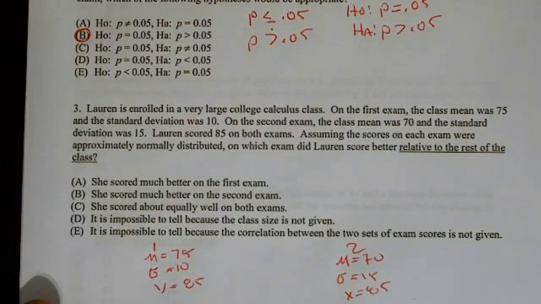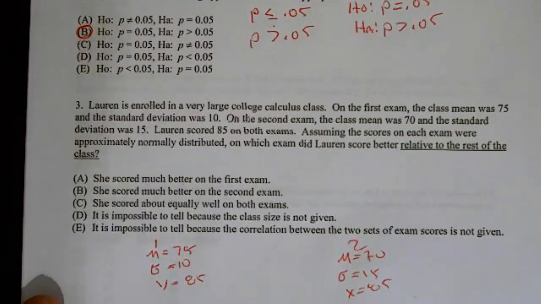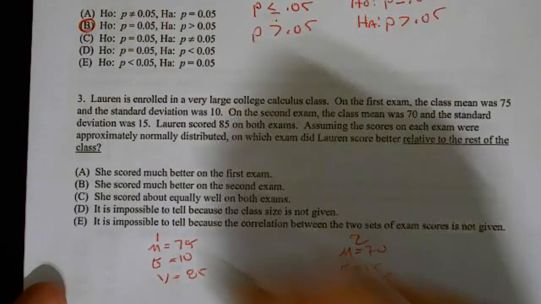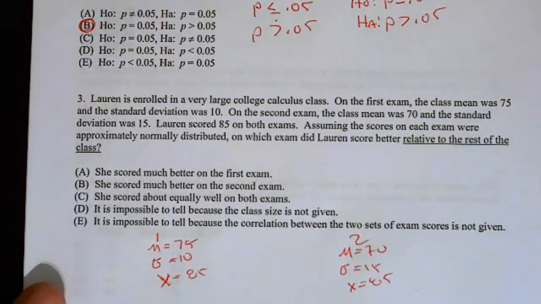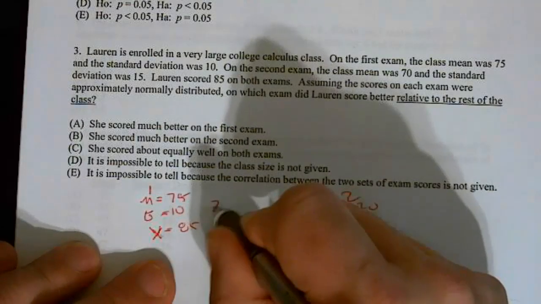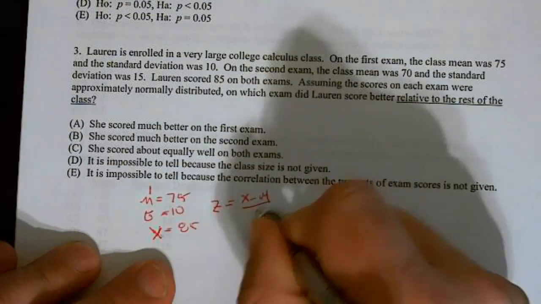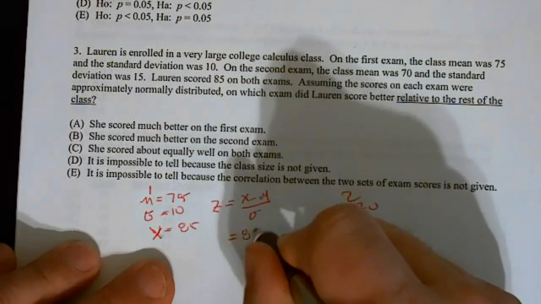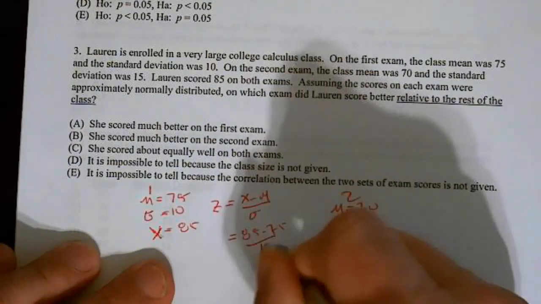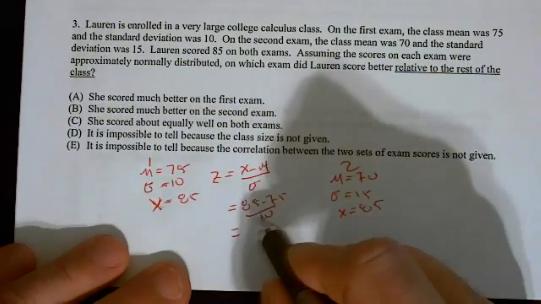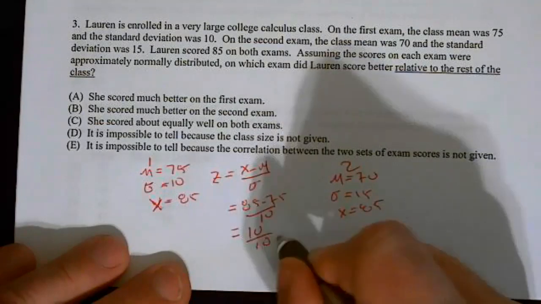Assuming the scores on each exam were approximately normally distributed, on which exam did Lauren score better relative to the rest of the class? They told us it was normal, so we could use a normal curve and do a normal CDF, but I don't intend to do that. I intend to work through this using a z-score. So with the z-score, we have z equals x minus mu over sigma. In this case, we have 85 minus 75 divided by 10, which is 10 over 10, which is 1.